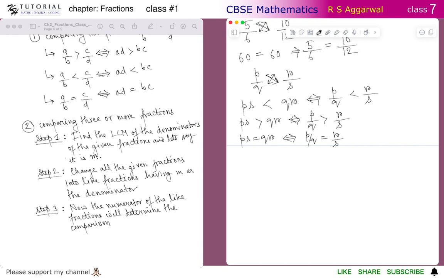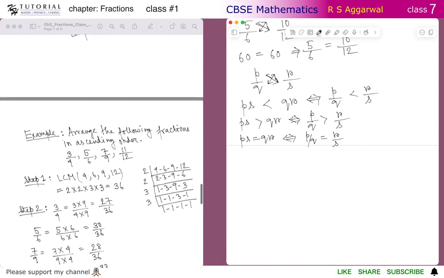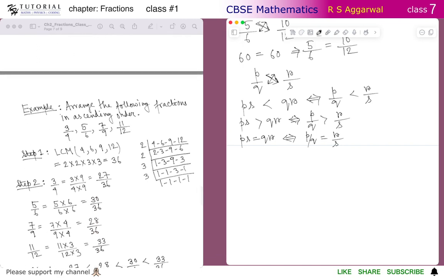Now in step 3, we just compare the numerators of the equivalent fractions, and based on that comparison we can compare the original given fractions. As an example, it asks to arrange the following fractions in ascending order.